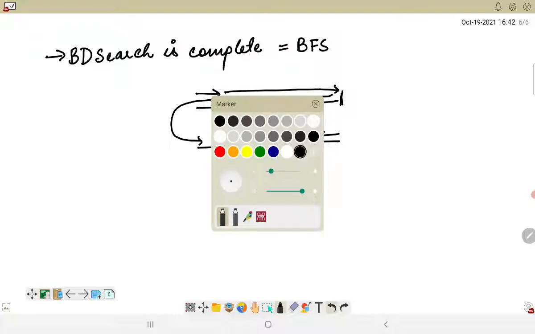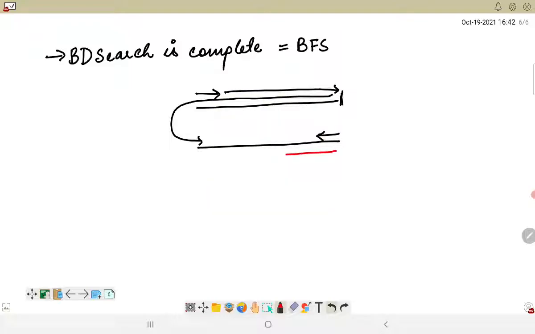Similarly, for yourself, you need to traverse the entire path. Suppose this is the starting point and this is the goal, and for this person this is the starting point and this is the goal. So it has to traverse the entire distance first, and then it will backtrack and go through a different direction, right? So it will never be able to meet in between if you are using DFS.